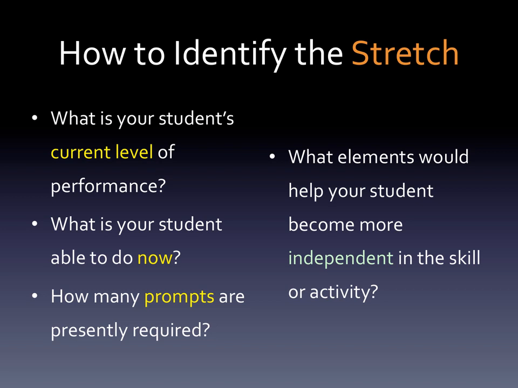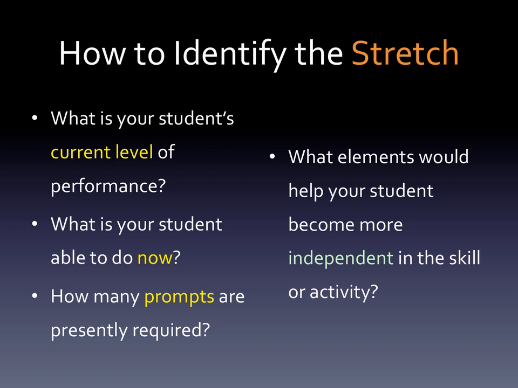This may involve determining how many prompts your student currently requires within a certain time frame. This could also involve the length of time that it takes your student to perform a task. Perhaps we need to shorten this time to help the student become more efficient in the activity.